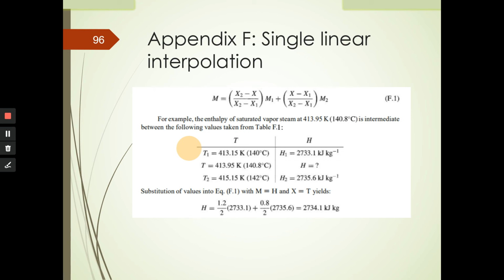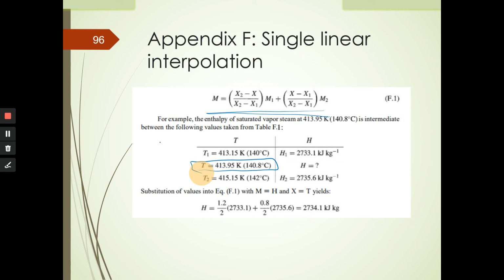You can either use the Cheng-Triple-1 method, the one I just explained, which is called single linear interpolation. If you don't remember the Cheng-Triple-1 method, here they explain the method, but in a different way. They are giving an example. If you have, for example, T and H, where T1 is given, T2 is given, and T is given as needed there.